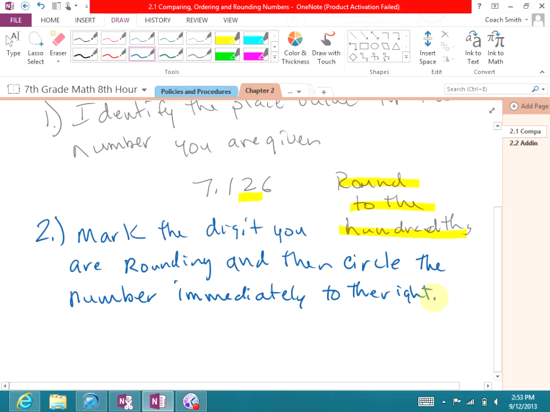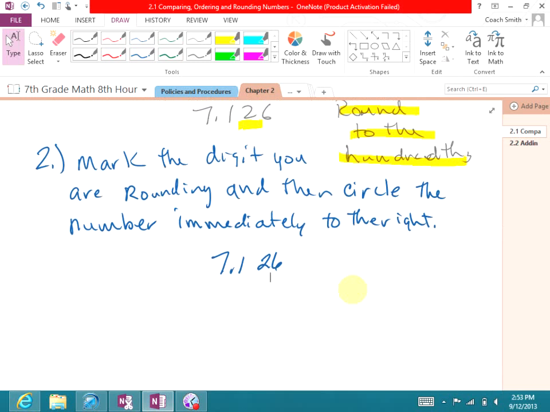Okay, so if we're rounding to the hundredths place value in our original problem, 7.126, then I'm going to mark the hundredths place value with a little, what I call a caret, and then I'm going to circle the number immediately to the right, which is the 6.